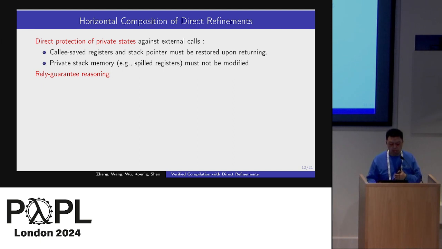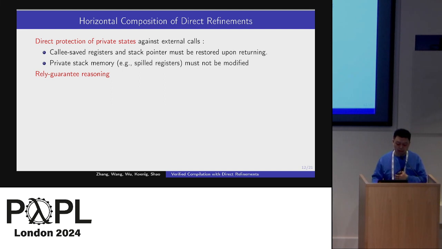Second is a horizontal composition of direct refinements. This is guaranteed by what is called the direct protection of the private states. For example, it requires the callee-saved registers and the stack pointers to be restored when the external call returns. It also enforces a certain form of memory protection, which we'll discuss very shortly.